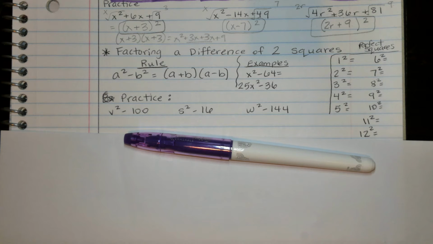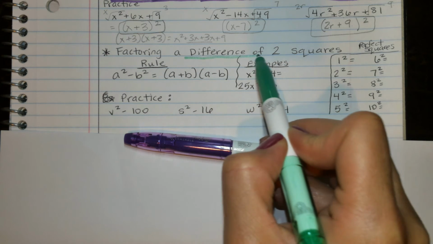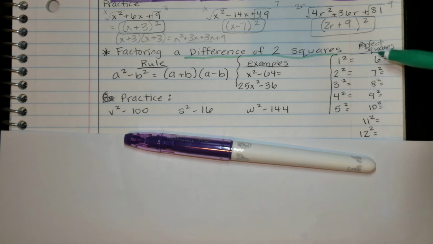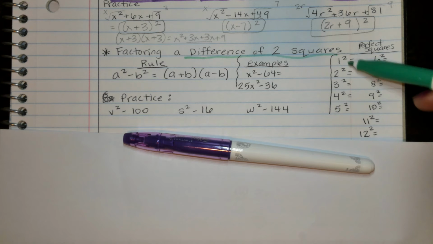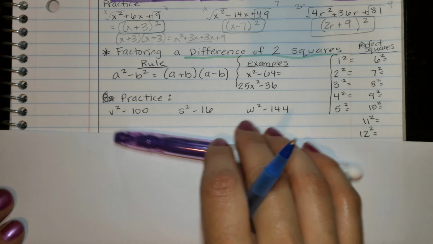Factoring a difference of 2 squares. Difference means subtract 2 squares. Let's go through this first, actually. I want you to list down all the perfect squares from 1 squared to 12 squared so that you can easily identify them. And if you're not sure about them, you can look back at these notes and see.